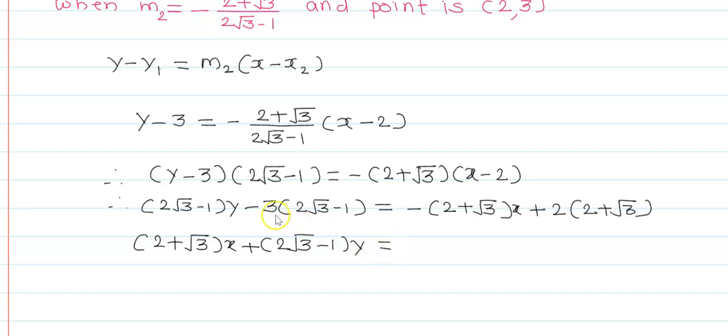and transfer this term to the right hand side. Then here you will get 2 plus root 3. Again this minus will become plus 3 in bracket 2 root 3 minus 1.